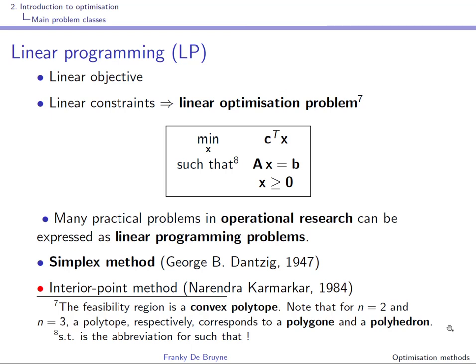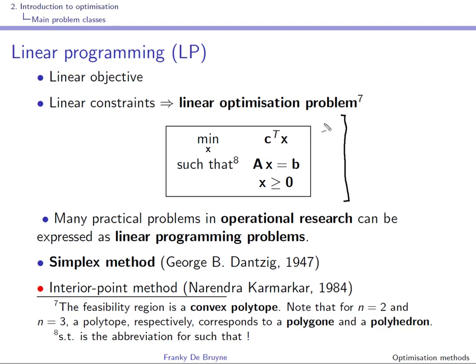We'll see in the next section that many practical problems in operational research can be expressed as linear programs, and each time the linear program can be rewritten in this standard form, right? And this is the case even if you have a maximization problem, or even when you have, well, inequality constraints.